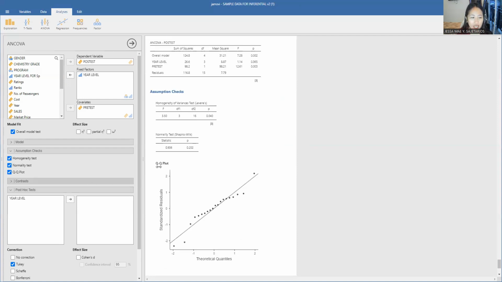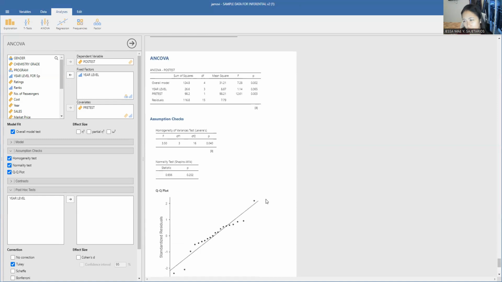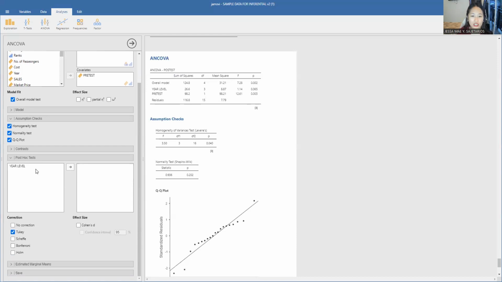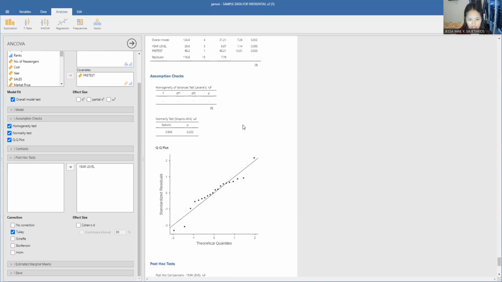So there is a significant difference. However, the pretest is not our independent variable, but just the covariate. So it's the year level that we will look at. So this one is not significant, but in case there's a significant difference, we'll proceed with the post hoc test, then Tukey. So let's try to check.